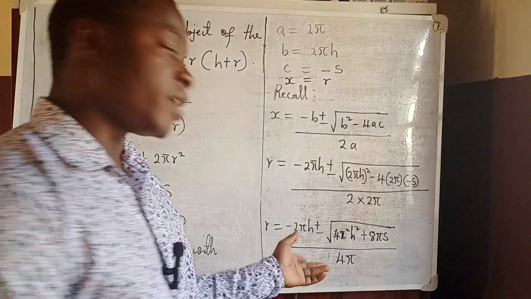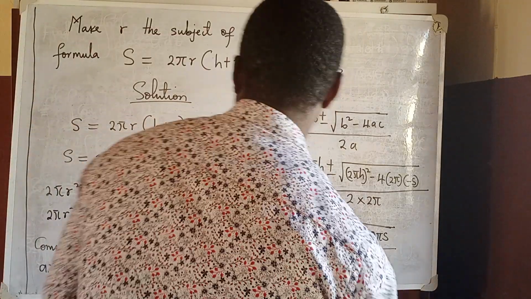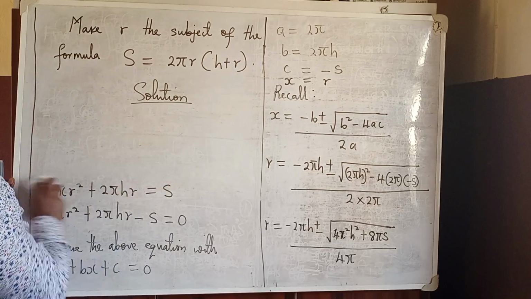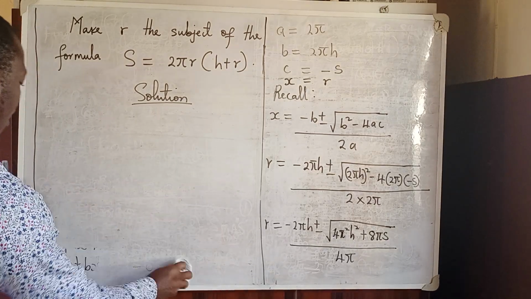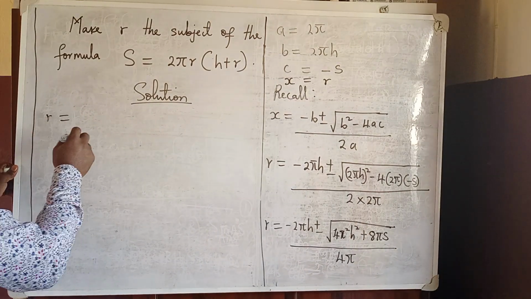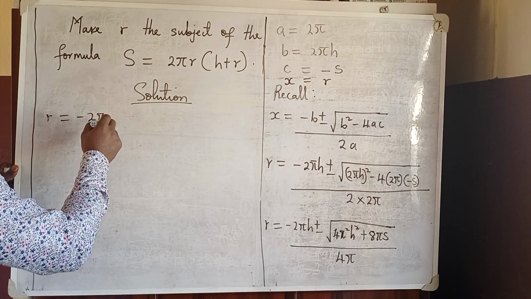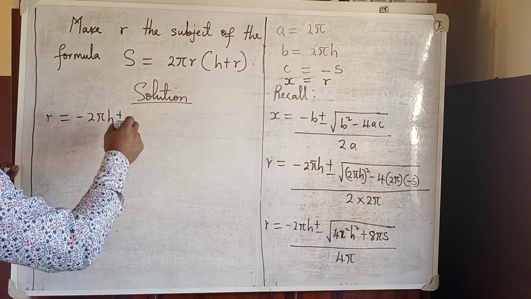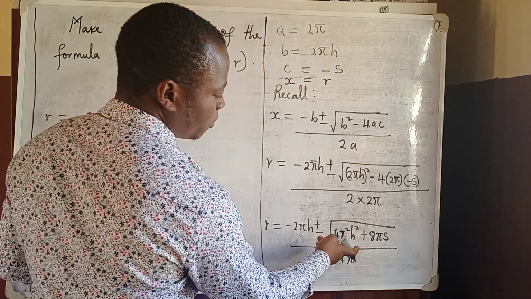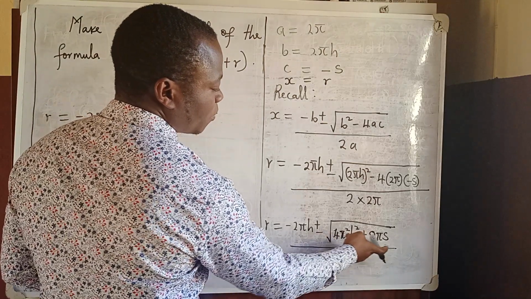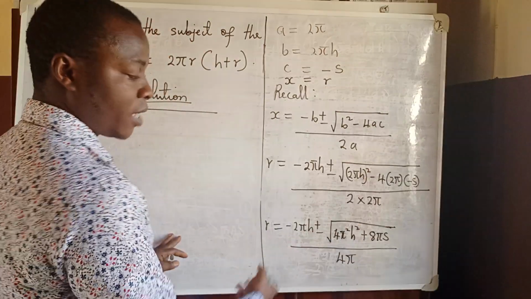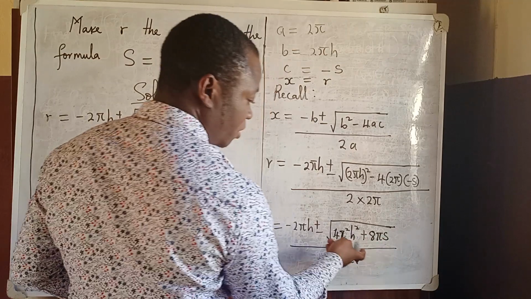We can still simplify this further. R equals to minus 2 pi h plus or minus the square root. If you check this very well, I can take 4 out, because pi is also common, but let me take 4 pi out because it is common.